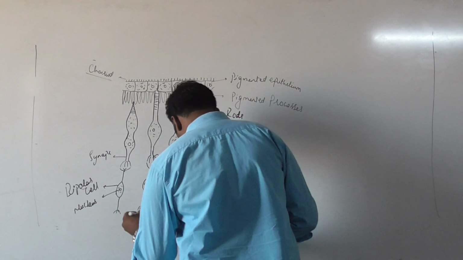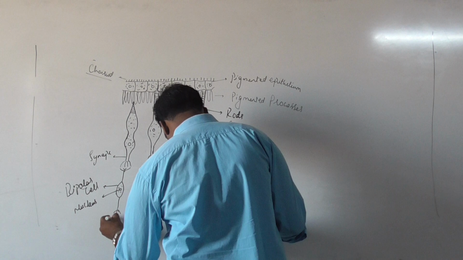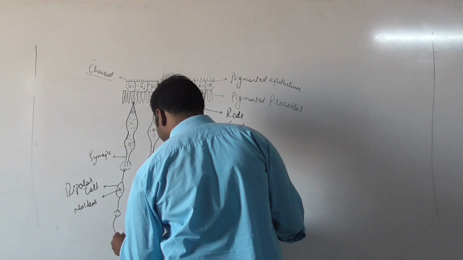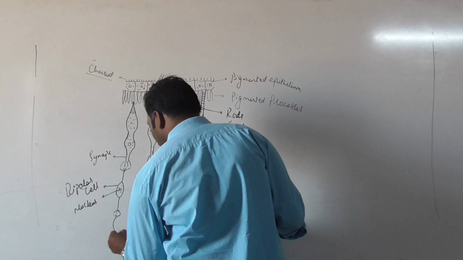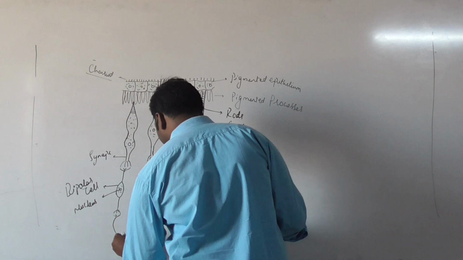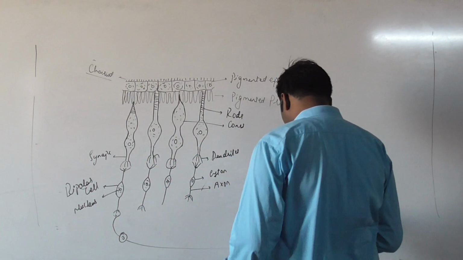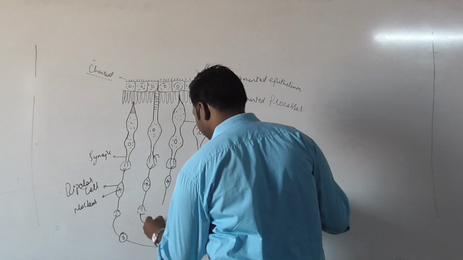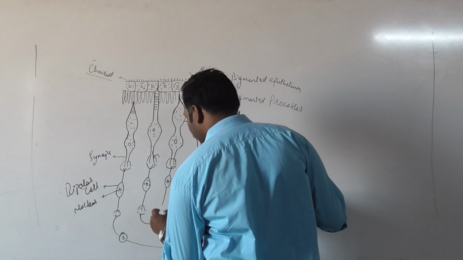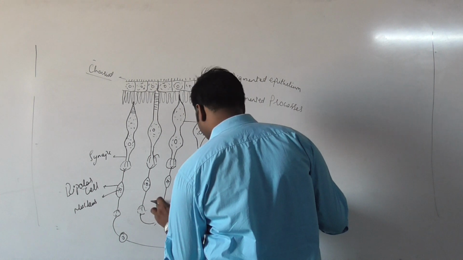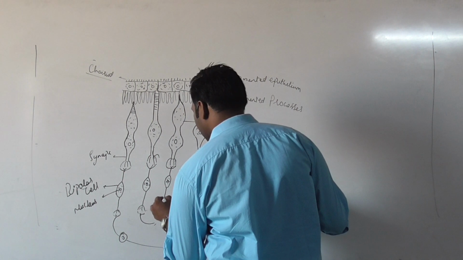These bipolar cells will again transmit their signals to a particular nerve cell, that is again another bipolar cell, from where the impulses are carried. These are the nerve fibers which are carrying the impulses.